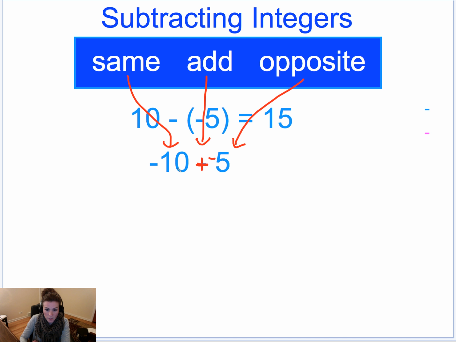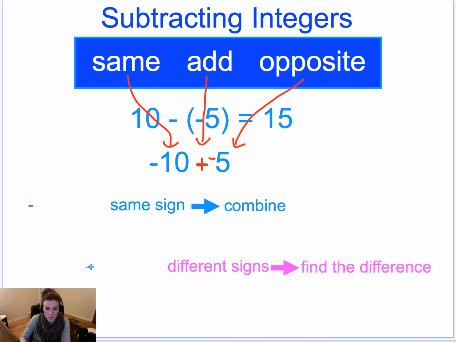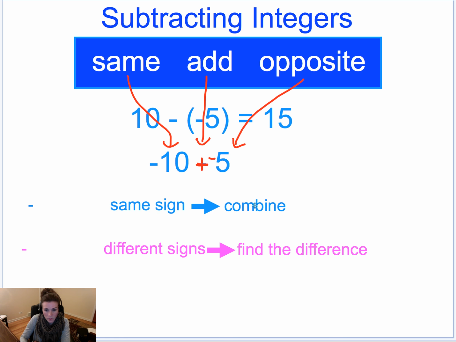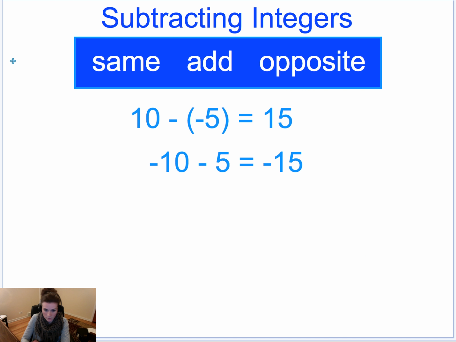So I have negative 10 plus negative 5. 10 is negative, 5 is negative, so obviously these two numbers have the same sign, so we need to combine them. So 10 plus 5 would be 15, and because they're both negative, my answer is negative 15.